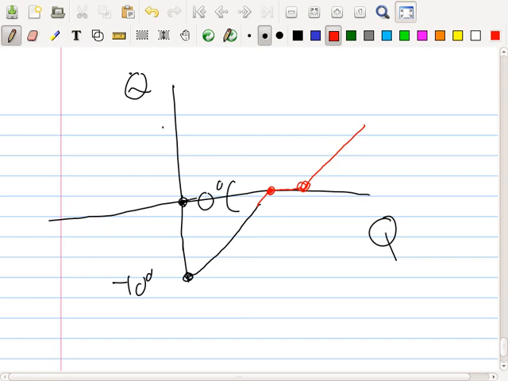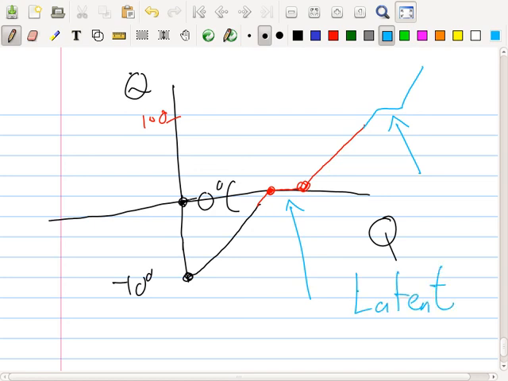And then what happens when it gets to 100? Its temperature doesn't change, because it changes to gas. So this part here on the graph is because there's no temperature change, and that's because it changed its form. So again, this is latent heat.